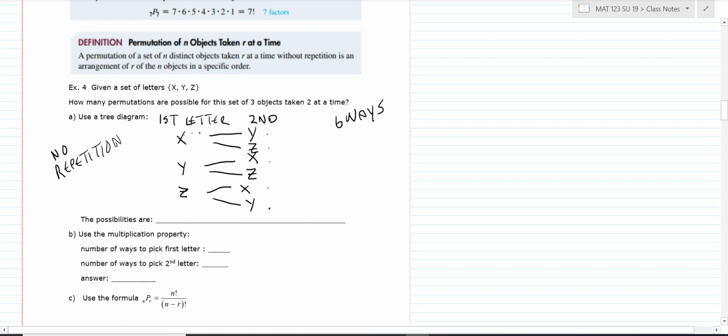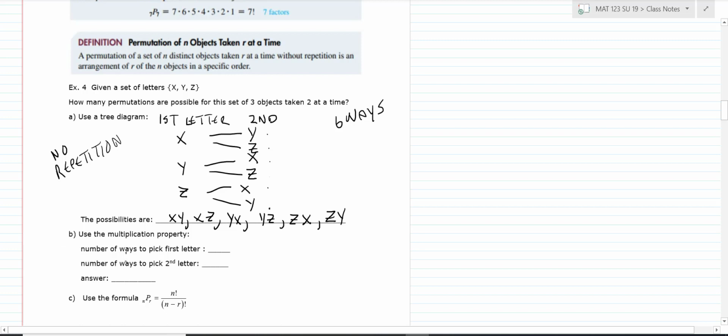We just read from left to right. You would have XY, that would be one possibility. Then XZ, then YX, then YZ, then ZX, and finally ZY. Those are the distinct possibilities.